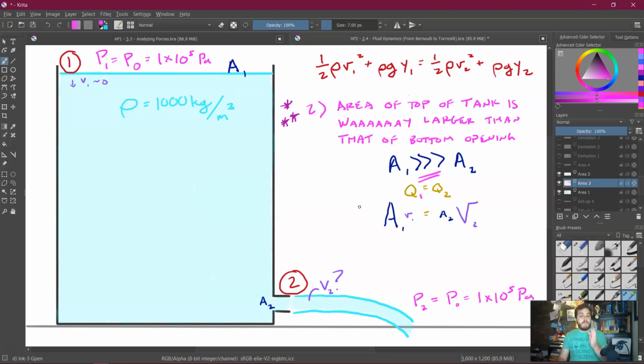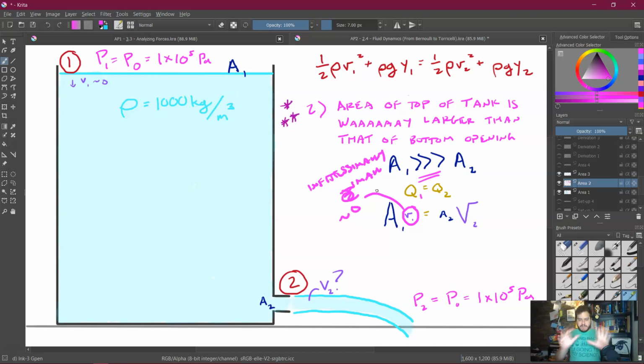In fact, so much bigger, we can say that the fluid velocity at 1 is essentially 0. And therefore, we don't have to really consider it. Now, granted, if it was 0, we would get 0 on that side of the equation, and that wouldn't work. But at the very least, we could say it is infinitesimally small, and therefore practically 0.